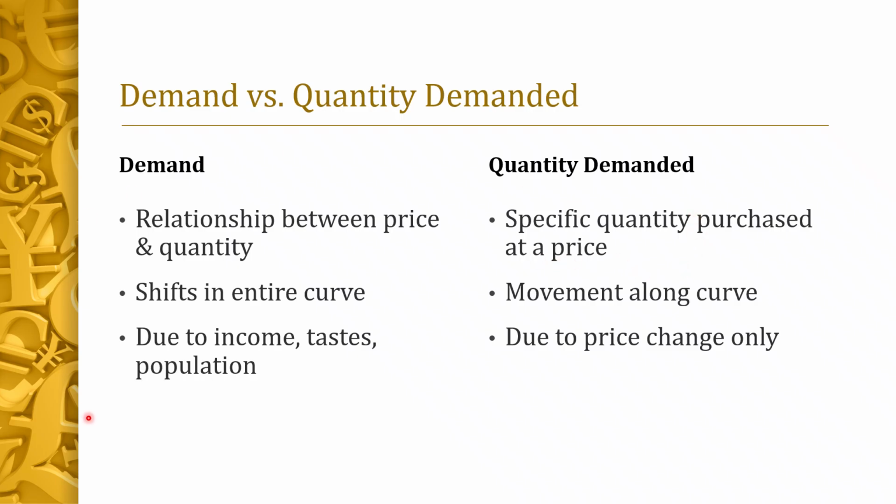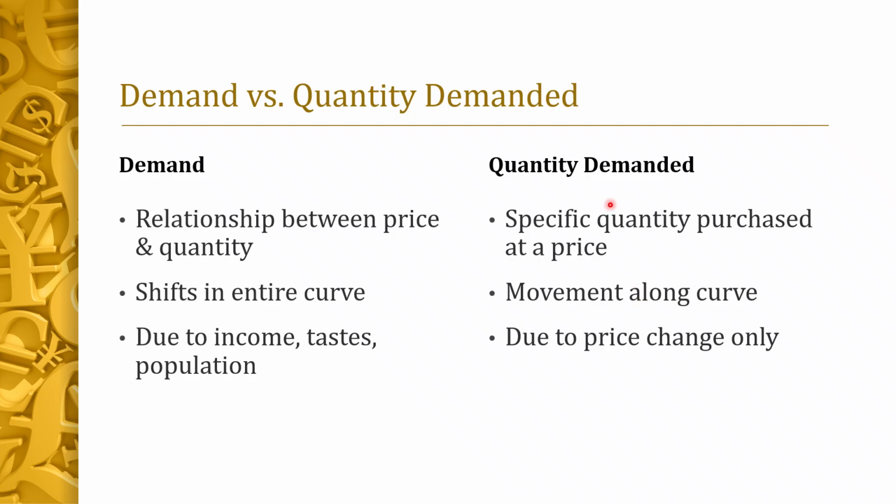So here in case of demand, we see that there is a relationship between price and the quantity. It shifts in the entire curve. We will be talking about the demand curve and supply curve in the coming slides. So this brings in the shift in the entire curve, and there is a change in the demand due to income, due to taste, due to population, and there are other factors as well.